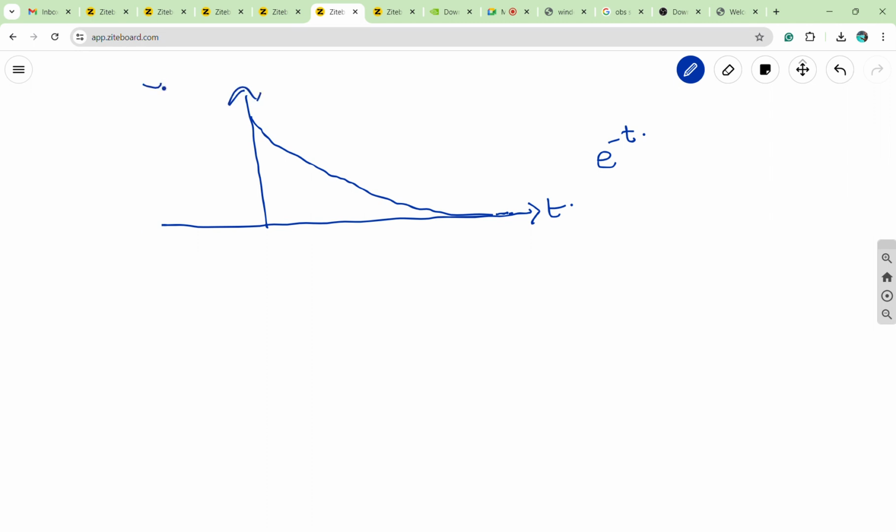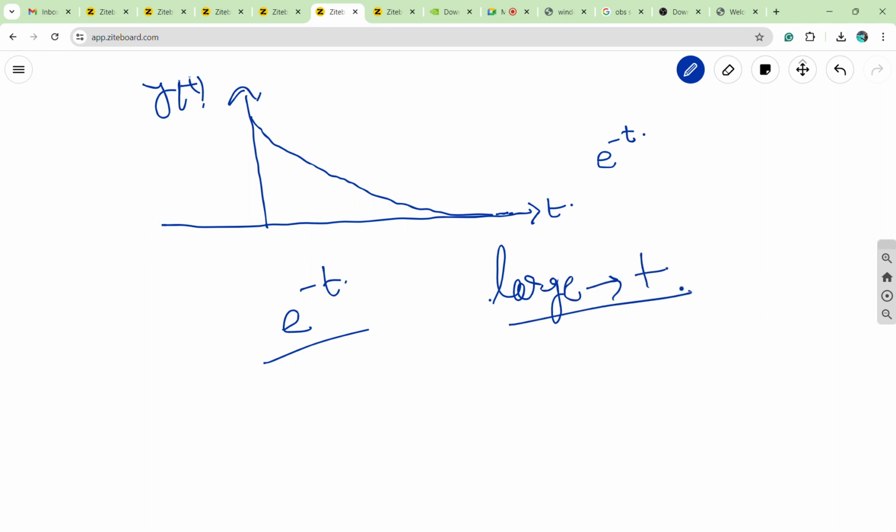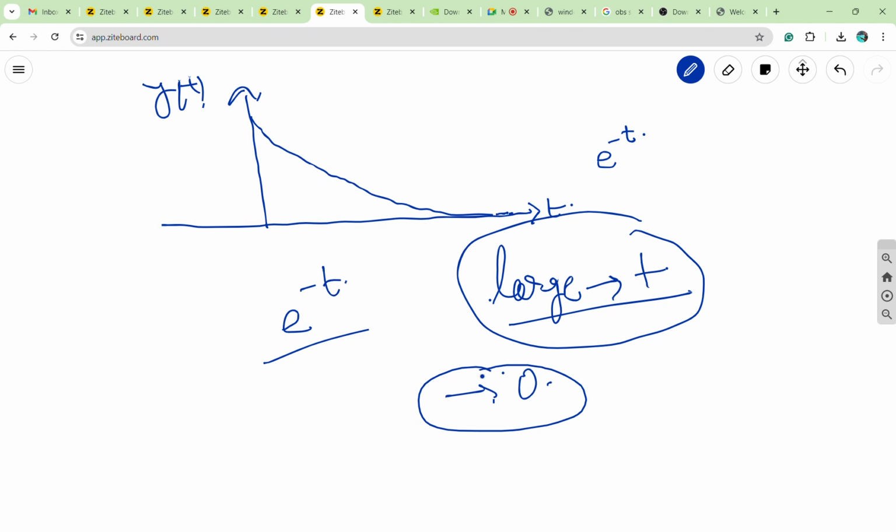Certainly for this type of signal, e to the power minus t, for a large t, the signal vanishes, but is not actually zero. It tends to zero, a very small quantity. And the signal converges.